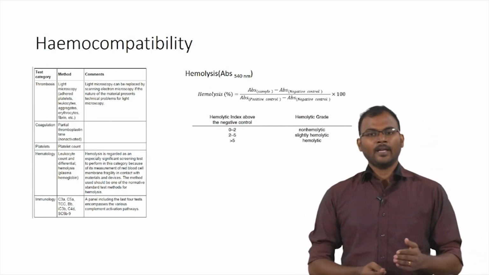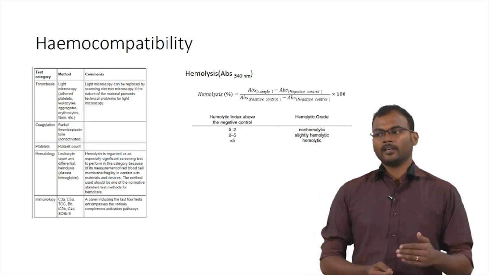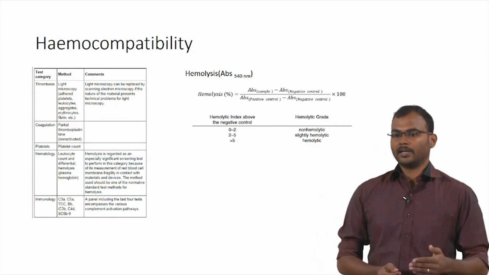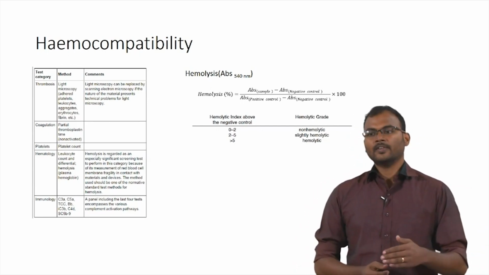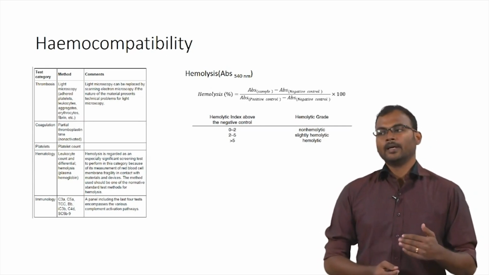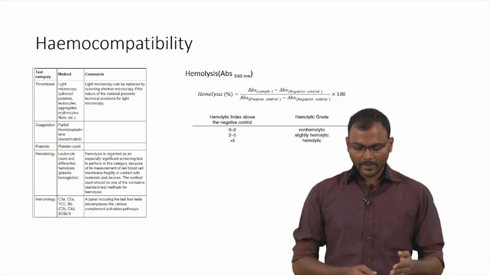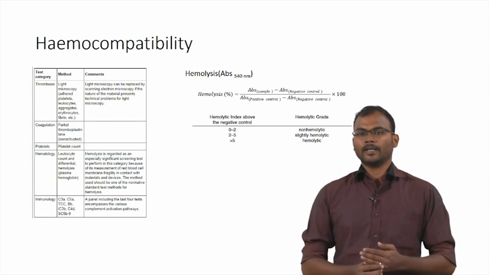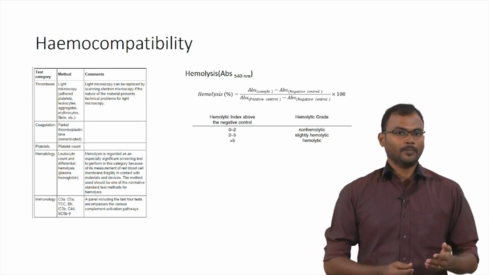The positive control can be either water or Triton X, which will lyse the cells immediately on contact with the RBCs, and the sample is whatever sample you have. Based on this you will find out the hemolytic index and identify whether a material is blood compatible or not.